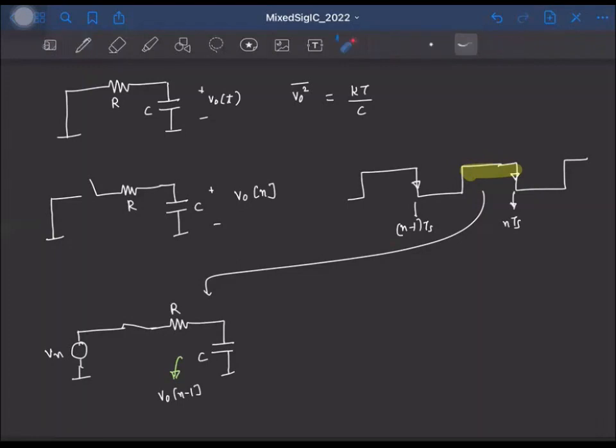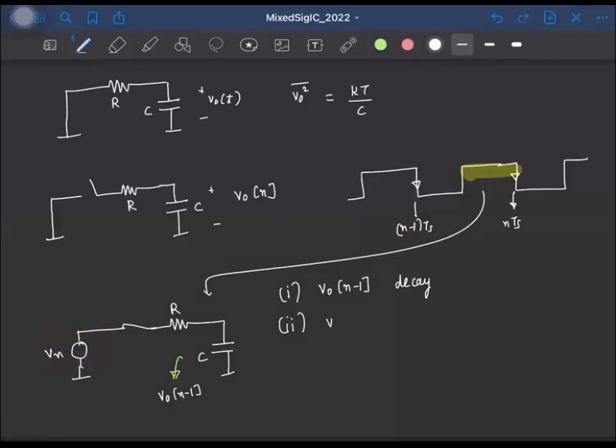So when you turn the switch on like this during this phase, two things happen simultaneously. One, the initial voltage, that is the noise sampled in the previous phase, starts to decay, right? And it decays with the time constant RC. Secondly, this noise source Vn tries to charge the capacitor to some other voltage, right?